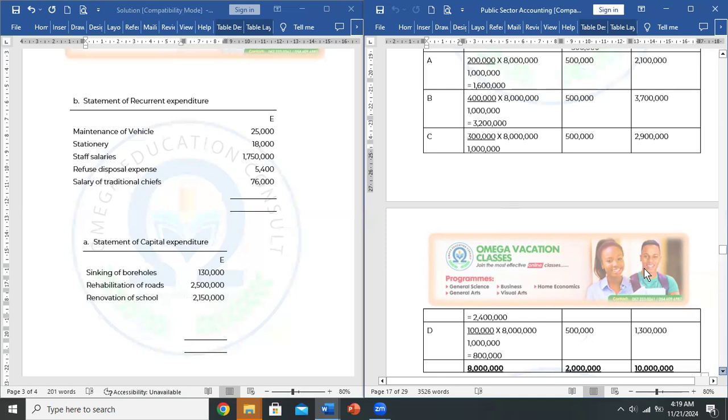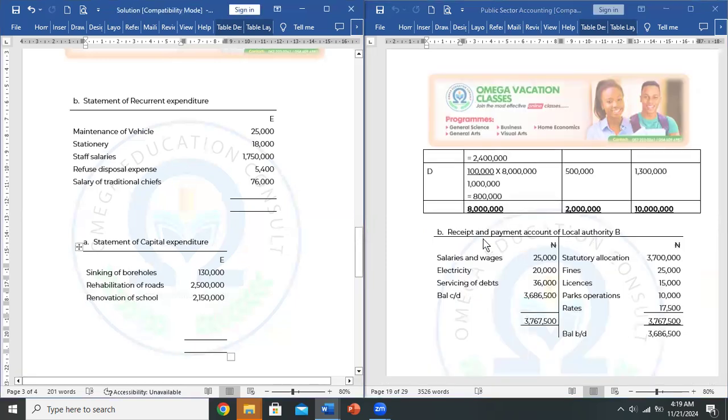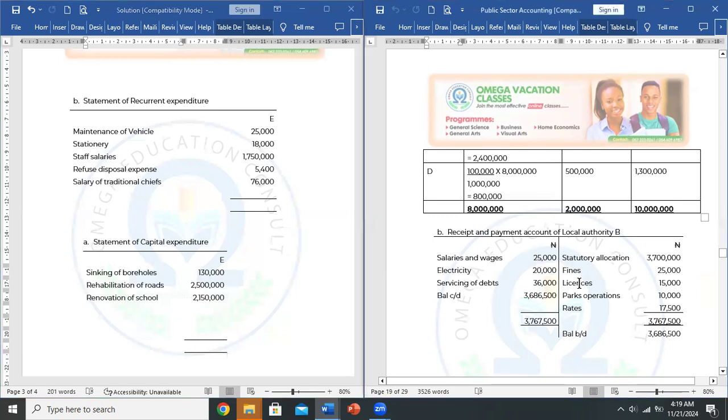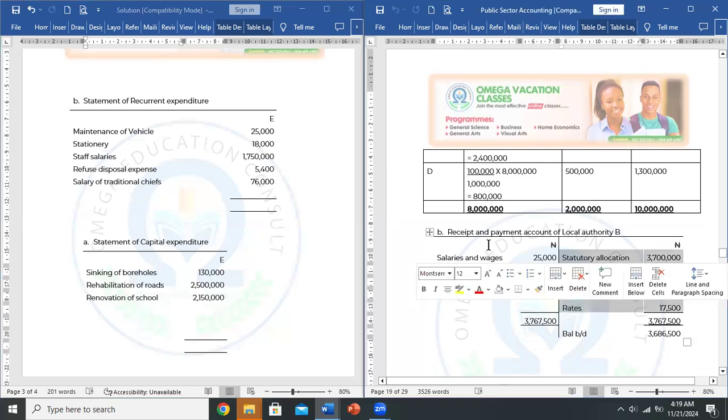So that's a statutory allocation. That will form part of it. Actually, I think I have turned this into receipt and payment, but it is showing income and expenditure. So these are the receipts, and they should be on the debit side. Let me correct that. Okay.